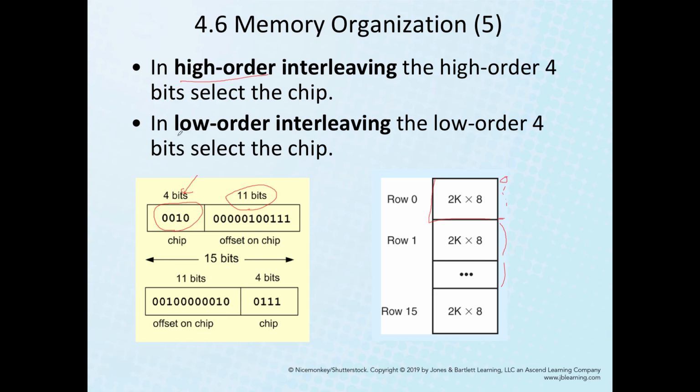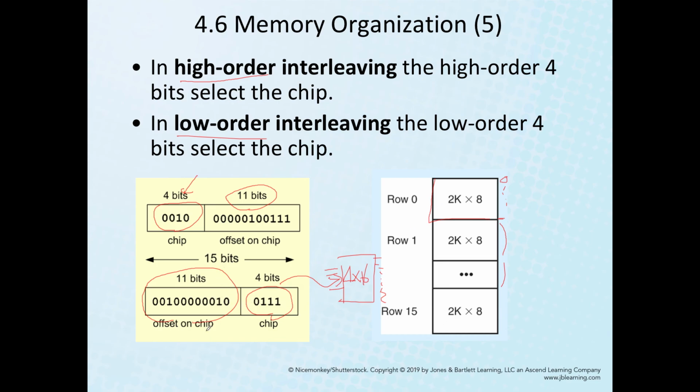But if you use low order interleaving, then the least significant 4 bits are used to select one of the 16 chips. Of course, we need a decoder, a 4 by 16 decoder: 4 bits, and then 16 outputs. Then it selects one of the chips, and the most significant 11 bits are connected in parallel to each chip.